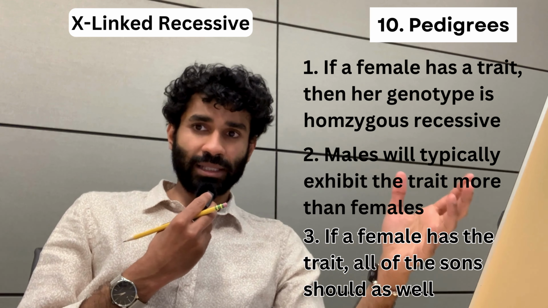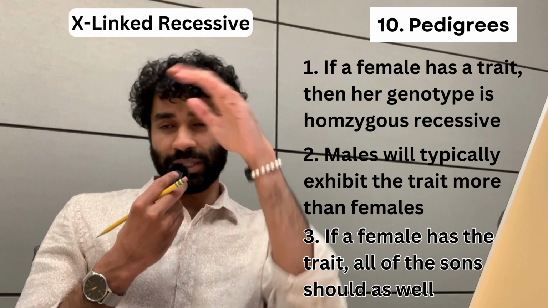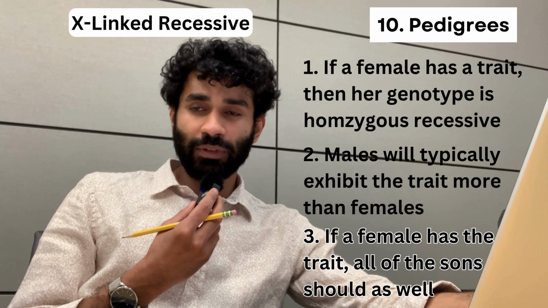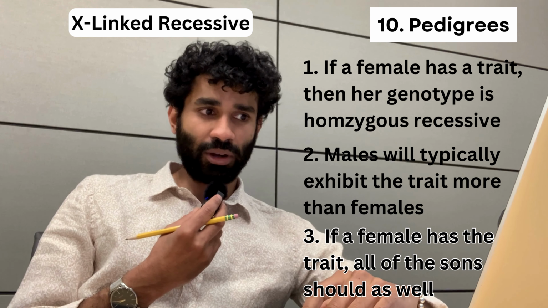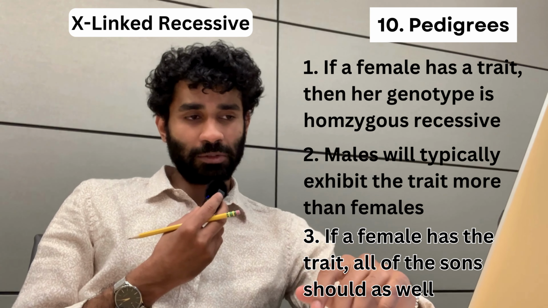And mom only has 1 X to give, the recessive allele. And that's why, if you see an affected female, all the males have the phenotype. That's usually a strong indication of an X-linked recessive trait, such as hemophilia.